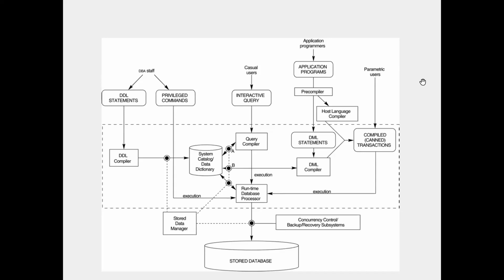The last one, parametric users, that means very general users, can access the data using a predefined set of what we call transactions. For example, if you take an ATM, everything is predefined, isn't it? You go there and put in the PIN number, then it might ask you whether you want to withdraw or deposit. You know, it's well planned, compiled. We call it a canned transaction.